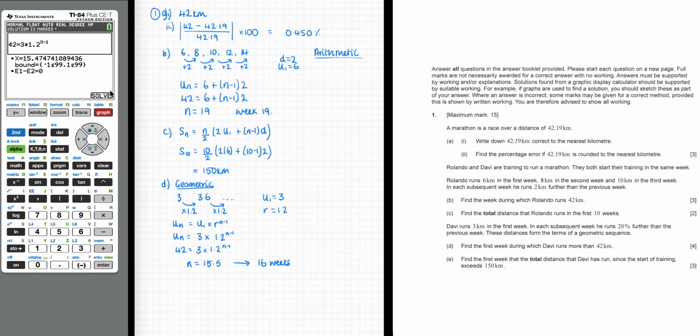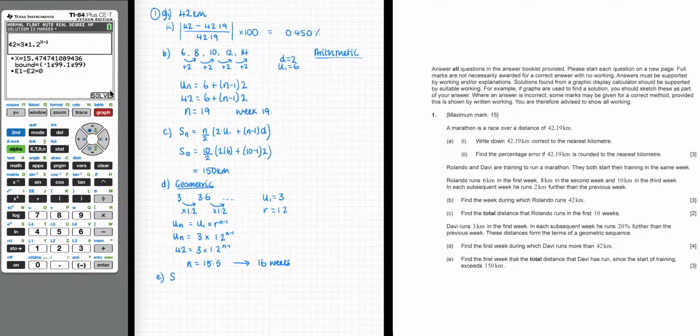Okay. And then the last part, part E, we need to find the first week that the total distance that they've run exceeds 150. So this is a total sequence. So again, I need to use my equation for the summation.